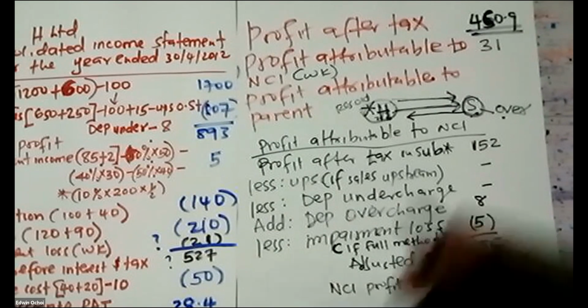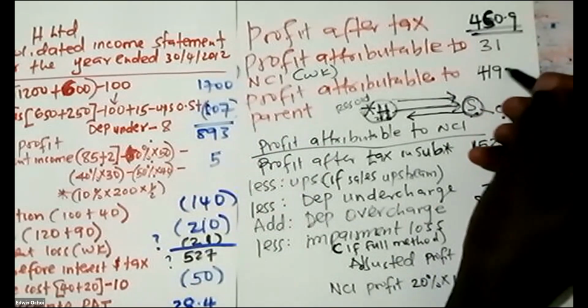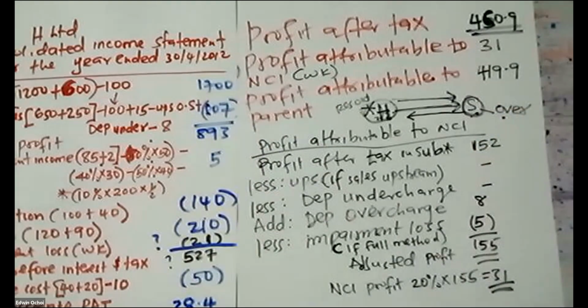So the balance of 419.9 goes to the parent. And that is the end of the income statement. And that opens the next requirement, which concerns the statement of financial position.